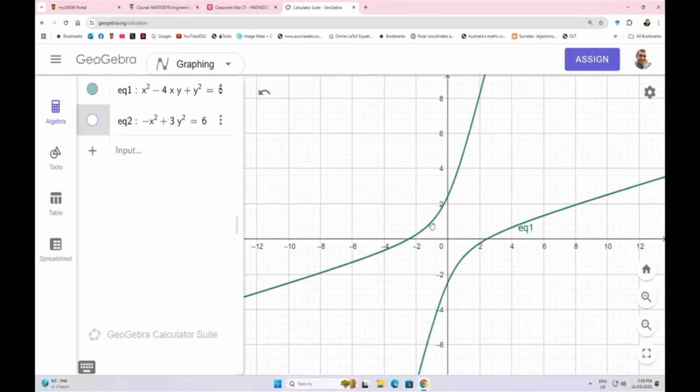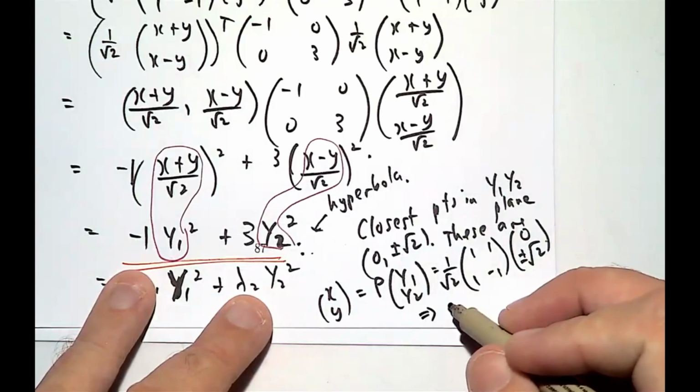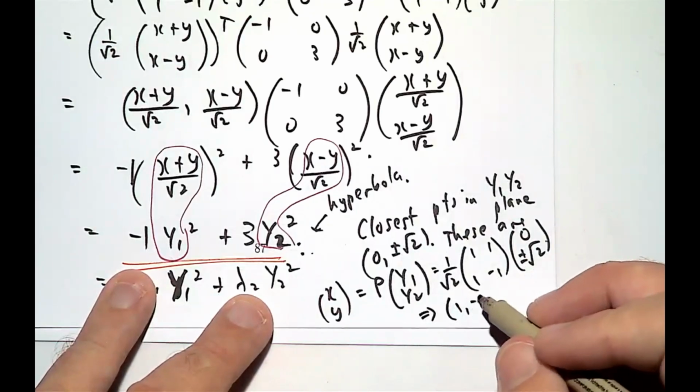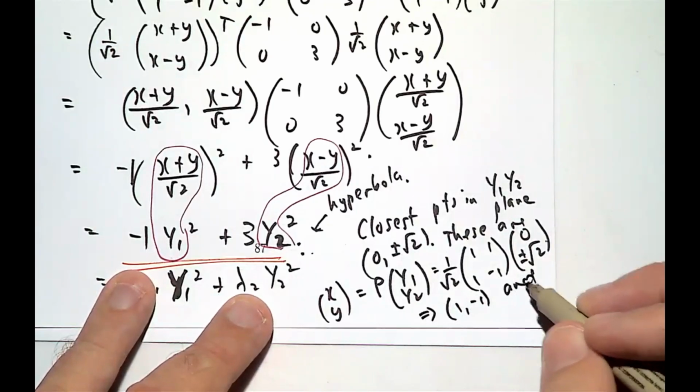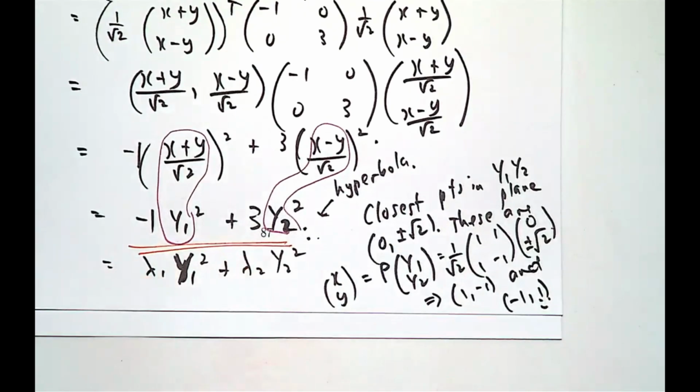And in fact, if you look carefully at the multiplication, that's exactly what we're going to get. So they are the two closest points in the xy plane that are on the curve and they're closest to the origin. Whew.